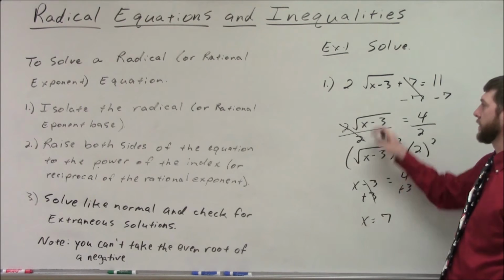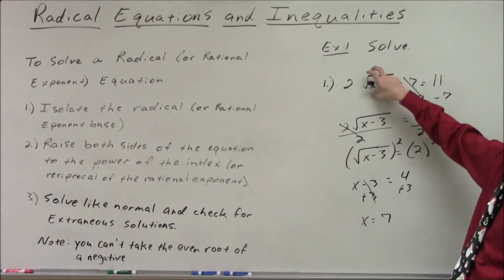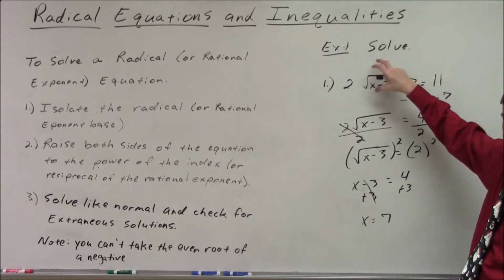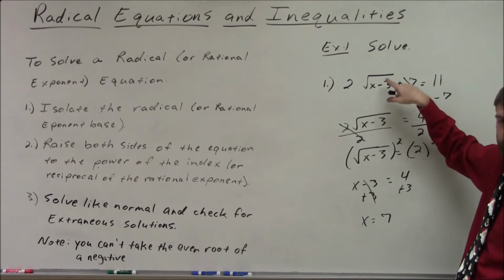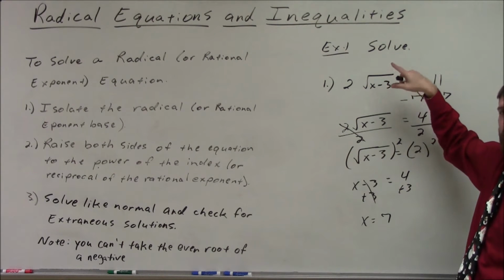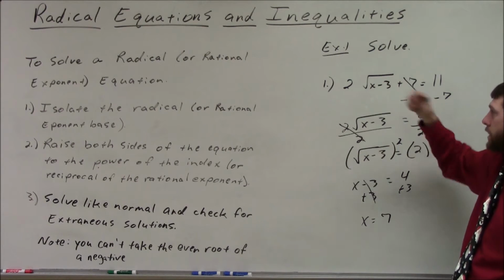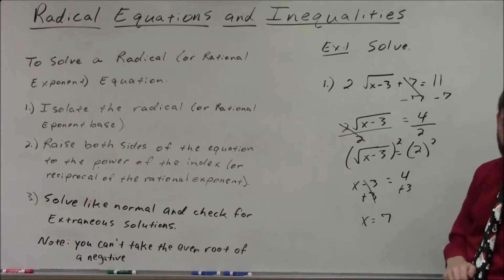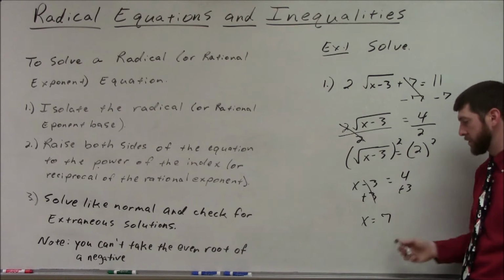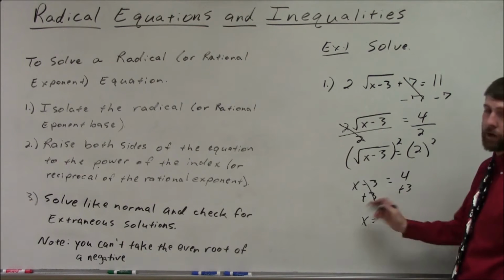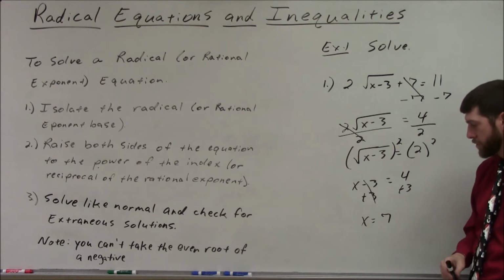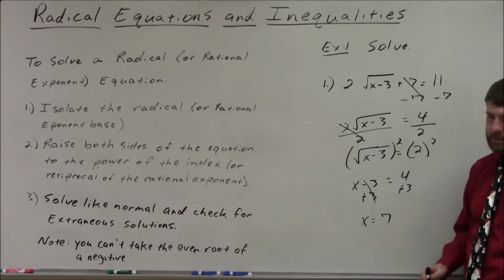So we just want to plug this back in and make sure once we evaluate what the radicand actually is, the portion underneath the radical, that if this is an even index, then we do not have a negative radicand. If we did, we would just dump that answer. And if all the answers dumped, we would say there's no solution in this case. So we get x equals 7.